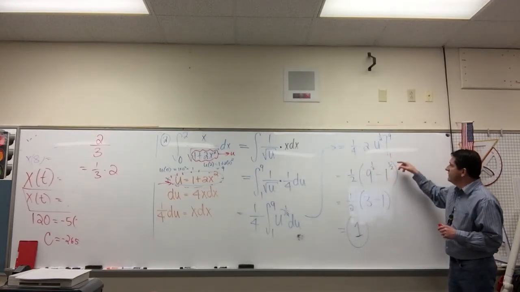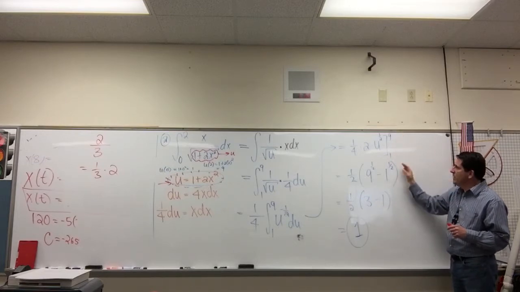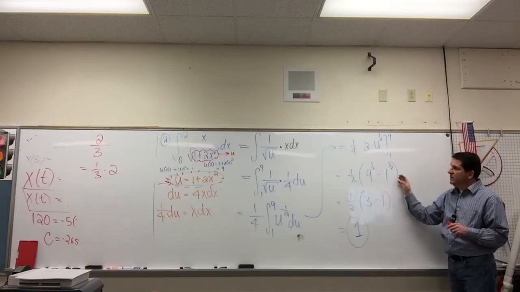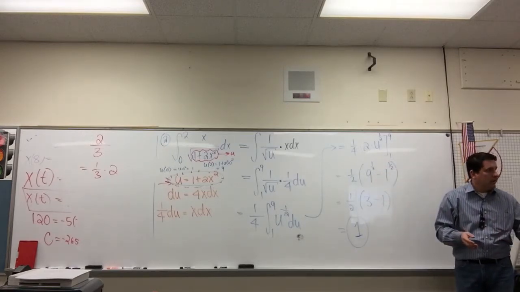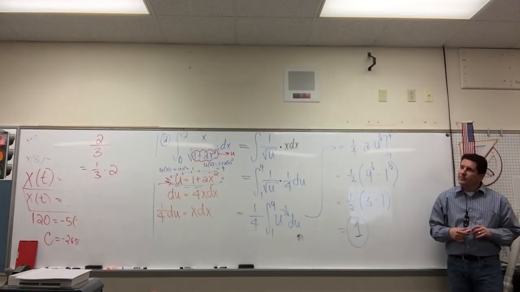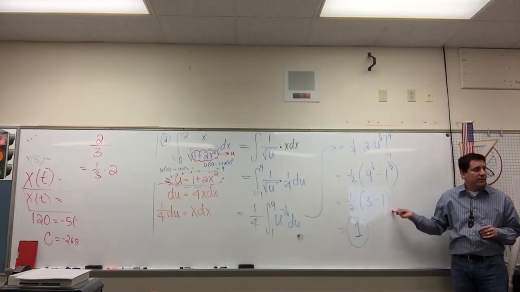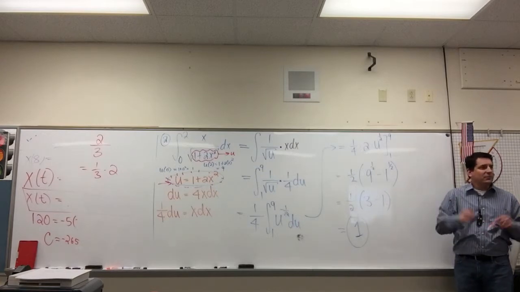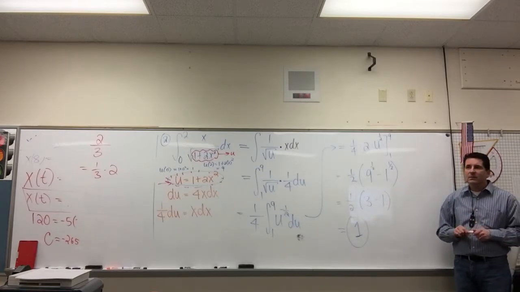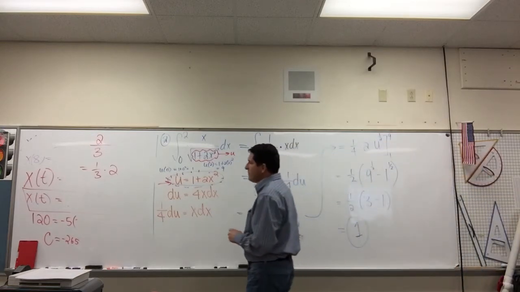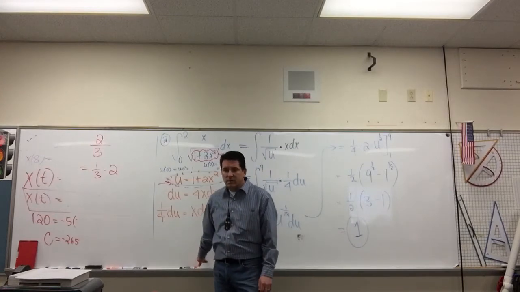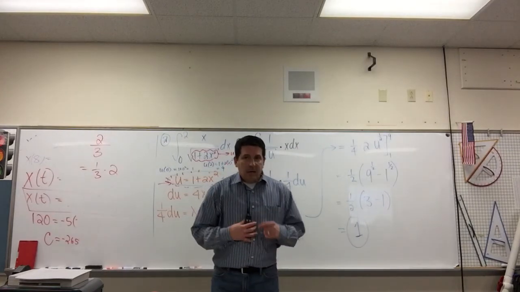And then you would have gone from 0 to 2, and this whole thing would have been using the 1 plus 2x squared to the 1/2. You still would have gotten the same answer. So is there any way that's better? I think this ends up being simpler because you don't have to do a double plug-in. Okay, I think you've got enough tools to be able to do the problems, so homework is due tomorrow, and that would be that.